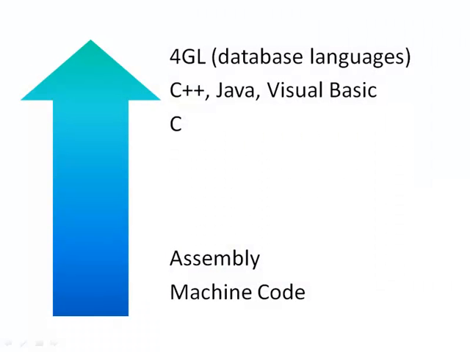There is also this distinction between high-level and low-level programming languages. So machine code and assembly, because they're very close to the processor and each instruction only does a very small amount of work, are generally considered as low-level languages. Programming languages like C, C++, BASIC, Java, C#, and even on to 4GL or database languages, fourth generation languages, are considered as high-level languages.